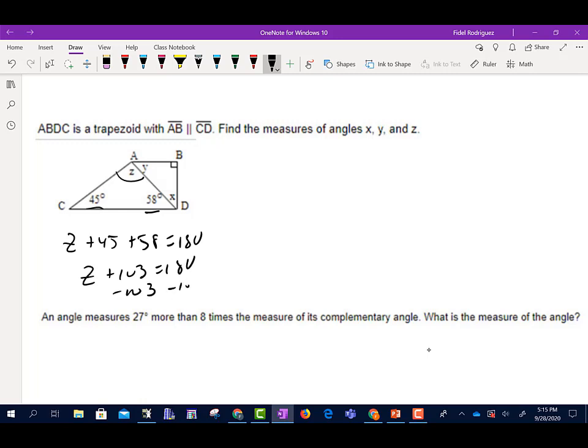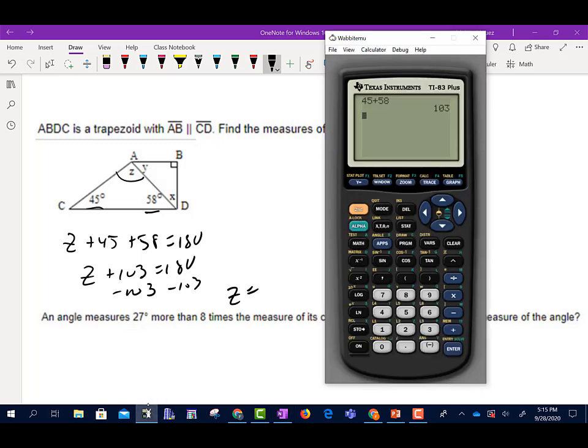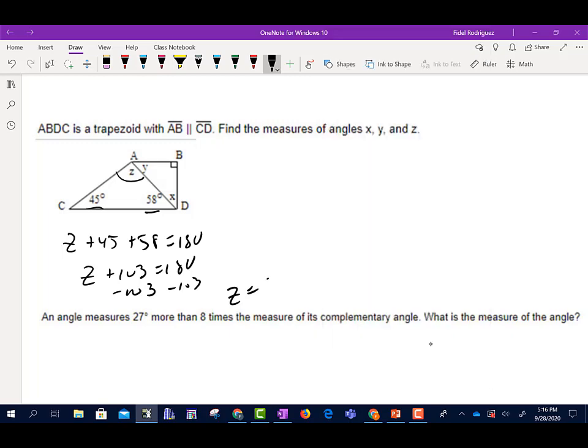So I minus 103. Z should be equal to 180 minus 103. 77. Okay, so angle Z is 77 degrees.